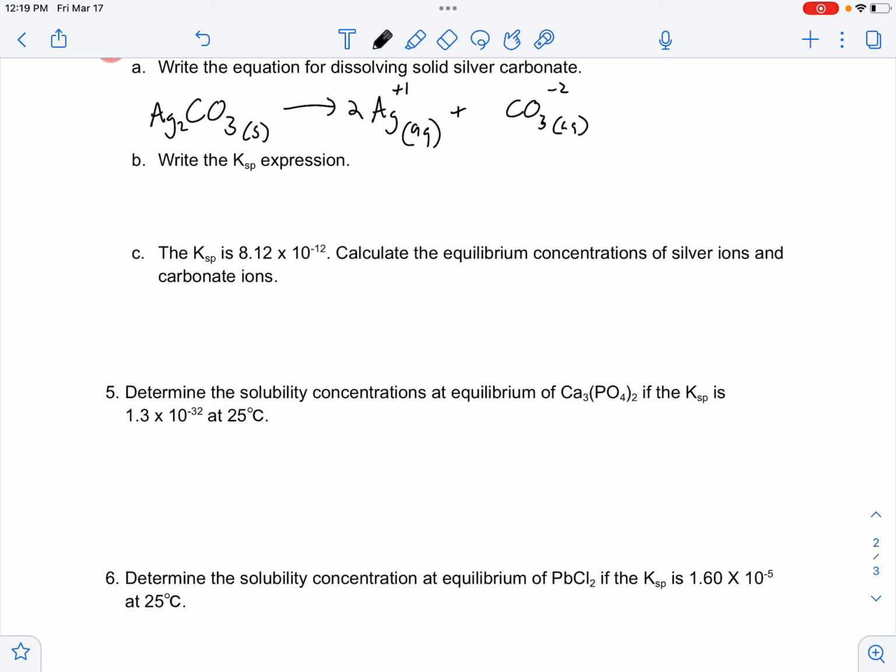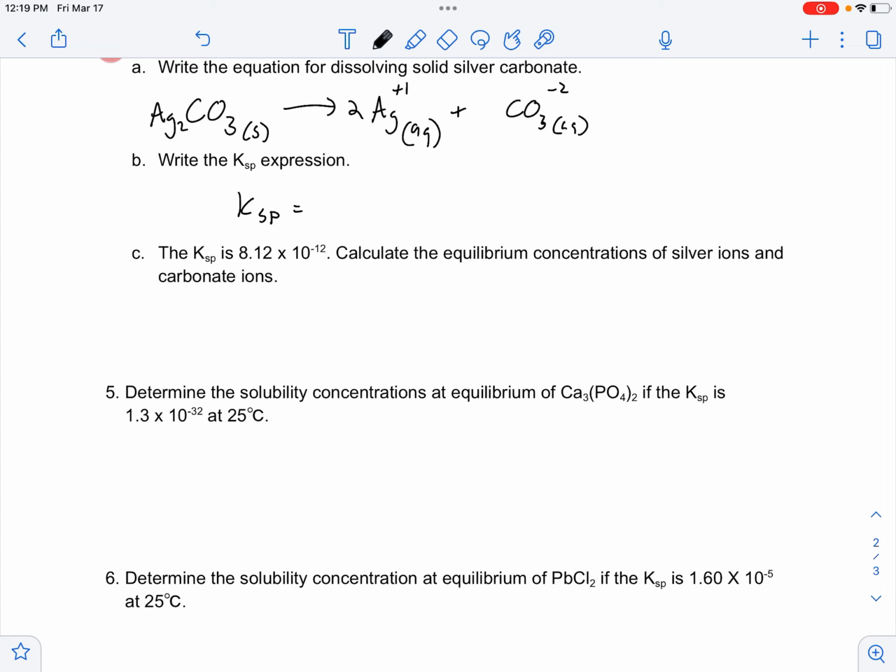Our Ksp, our solubility product constant, is just going to incorporate the products because the reactant is a solid and we don't factor that in because its concentration isn't changing.